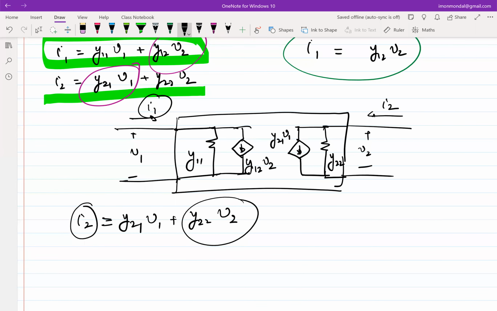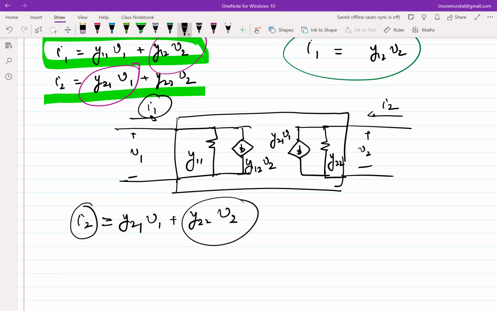Right? So again, this is a current source because obviously the output is a current, and the dependency of the current source is with respect to a voltage not across its own terminals. A current source which is dependent on the voltage across its own terminals is essentially a resistor. But a current source that is dependent on the voltage across some other terminal is a voltage controlled current source. Okay.